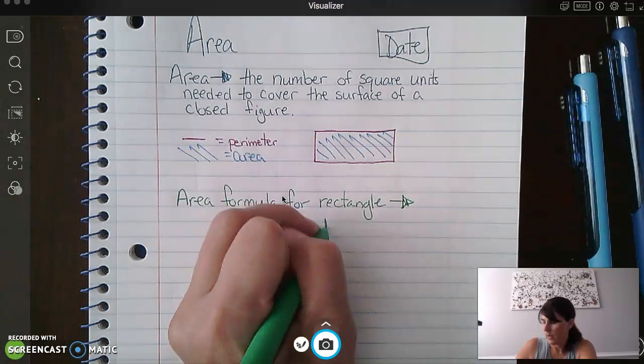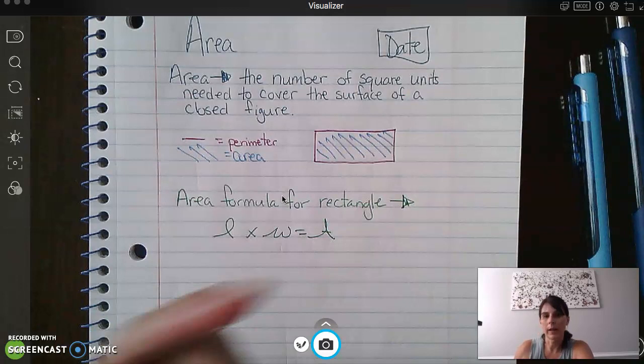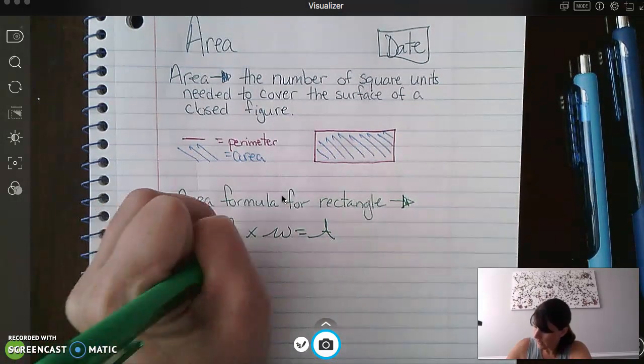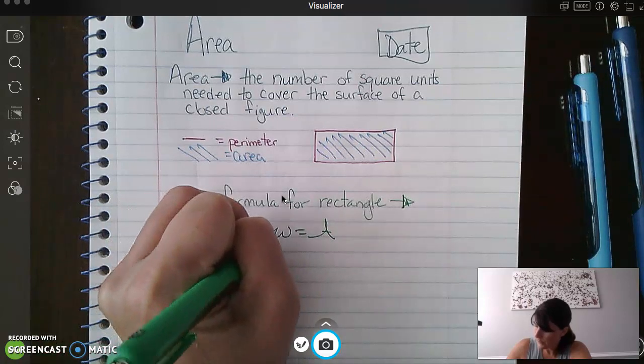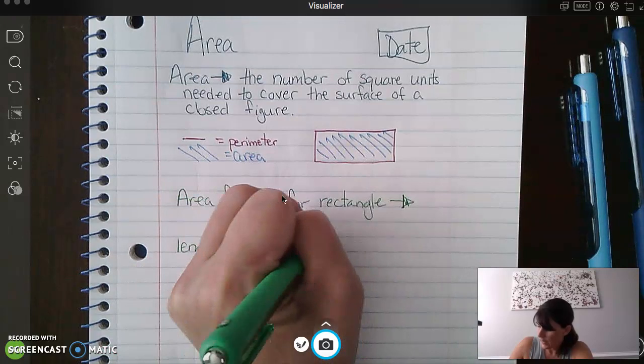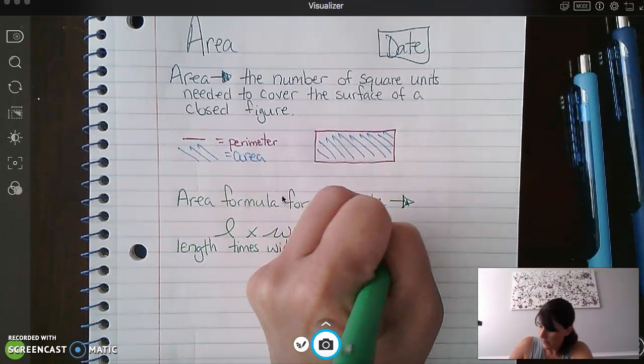equals area. Now notice they always write the formulas with script letters or cursive letters. And so I will do the same thing, then I'll write it out in words. It is length times, or multiplied by, width equals area.